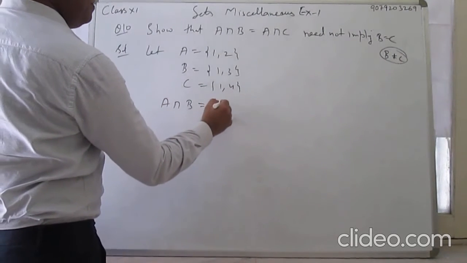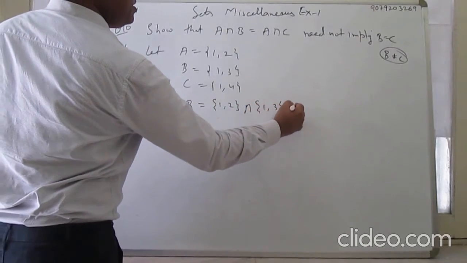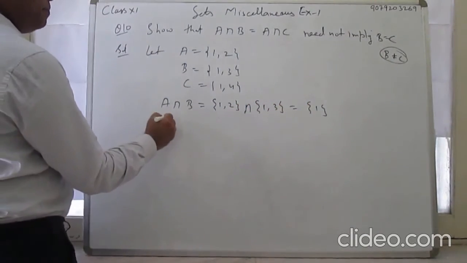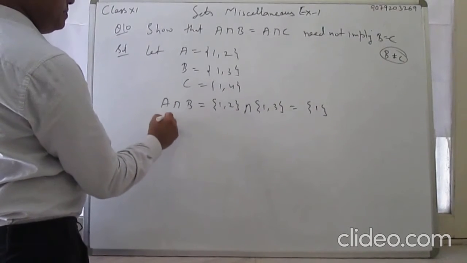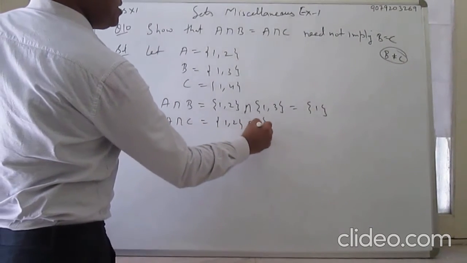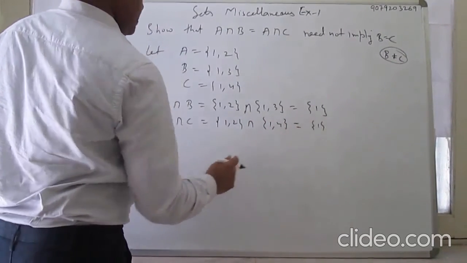A intersection B = {1,2} intersection {1,3} = {1}. A intersection C = {1,2} intersection {1,4} = {1}.